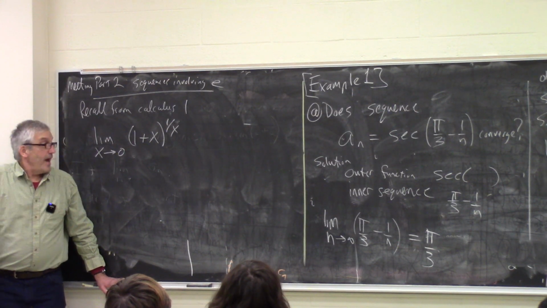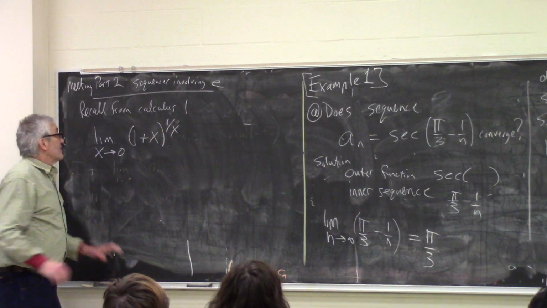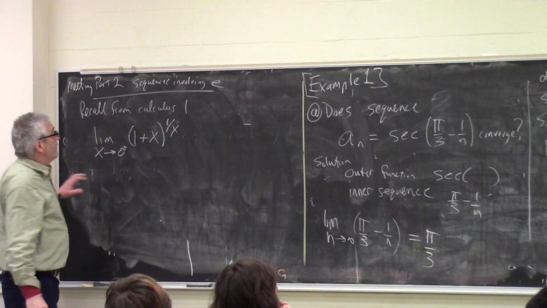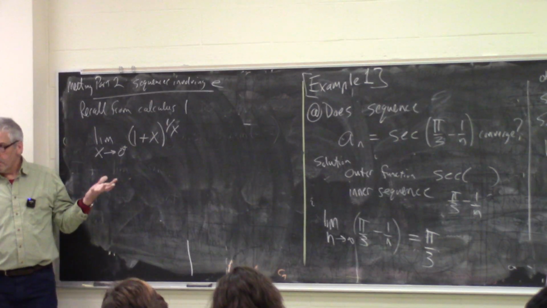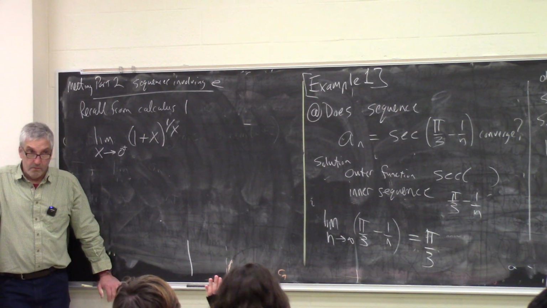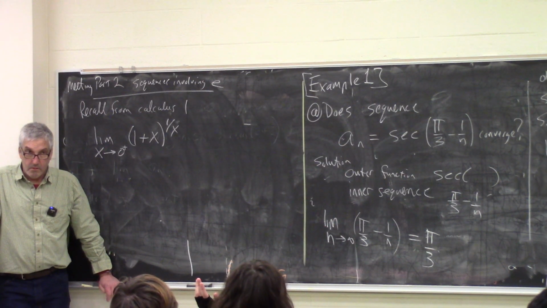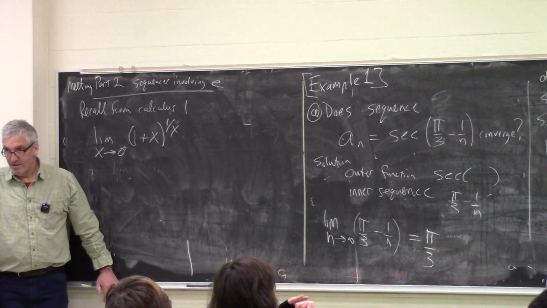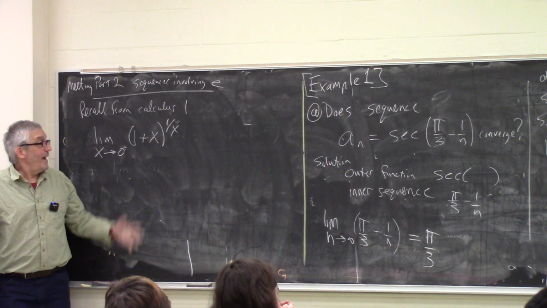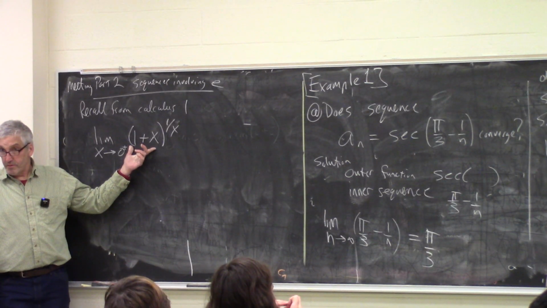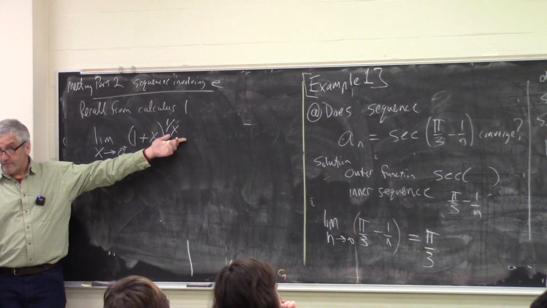On the other hand, if x is getting closer and closer to 0 from above, if x is a small positive number, what's up with 1 over x? Alexandra? It's getting huge and positive. Huge and positive. So I have a base that's not quite 1. It's a little bit bigger than 1, and it's being raised to huge positive numbers.